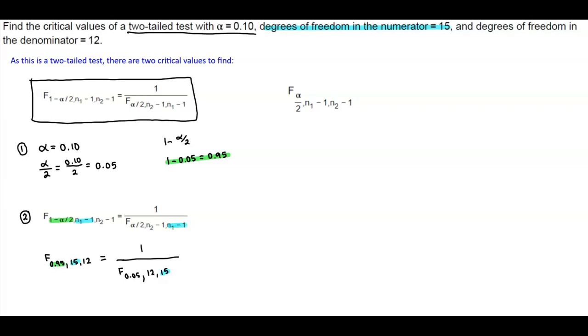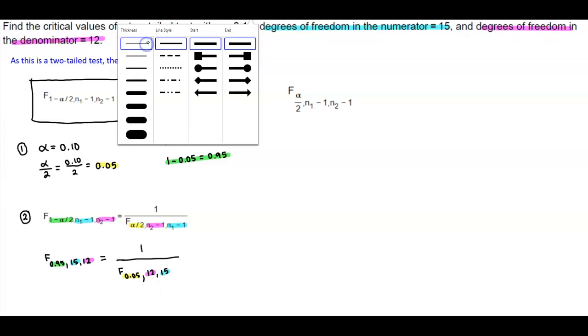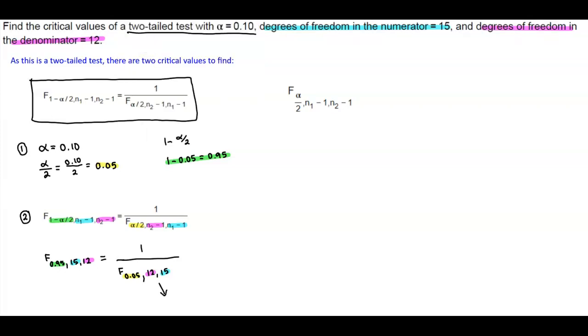Then we have the degrees of freedom in the denominator, which is 12, and therefore the 12 becomes the beginning. Also, alpha divided by 2 is 0.05, and now we're using 0.05. So now we need to focus on finding this F distribution critical value.